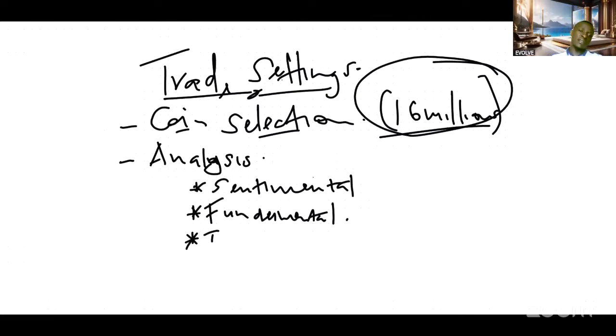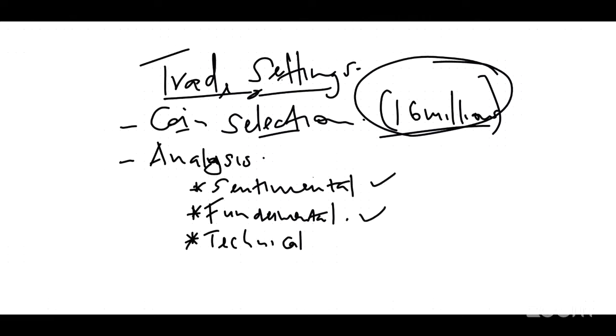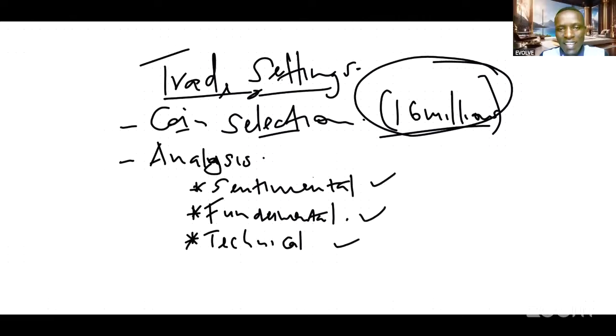Now, for a manual trader, someone who is going to trade manually without any coaching, they need to go through all of this: sentimental, fundamental, technical. Sentimental involves analyzing how traders are behaving.